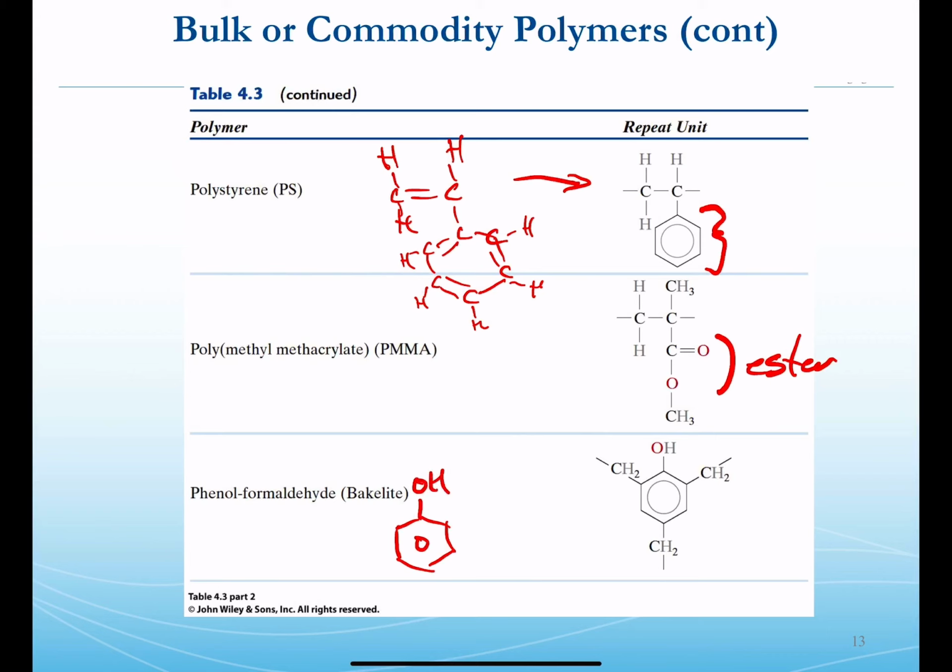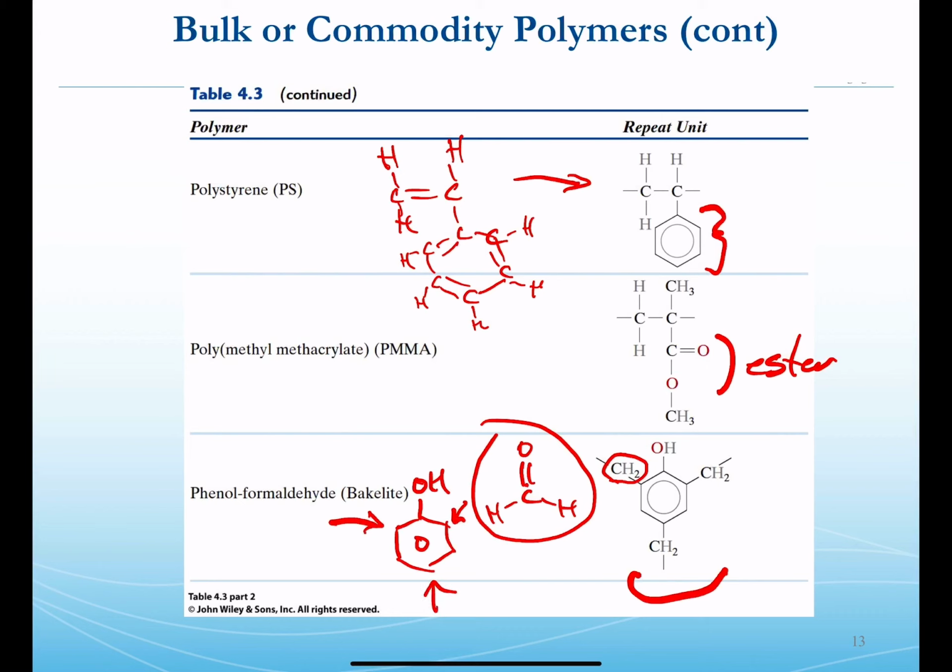This combines with formaldehyde, shown here as a separate molecule, and the formaldehyde is responsible for giving us CH2 bridges, and therefore by inspection of the product repeating unit we can install CH2 bridges at 3 sites: the 2 flanking positions to the OH group or directly across it.